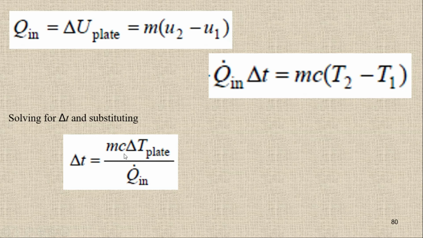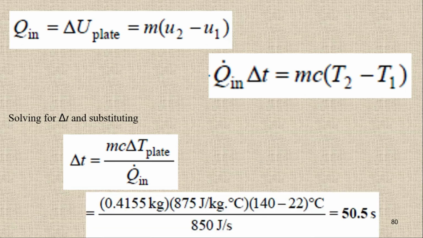M is not given, rather we calculated the value of mass. C is given, delta T is given, which is 140 minus 22, divided by Q dot in, which is 85% of the 1000 watt. With the help of all these values, you just have to put the values in this equation, and then you will get the answer.